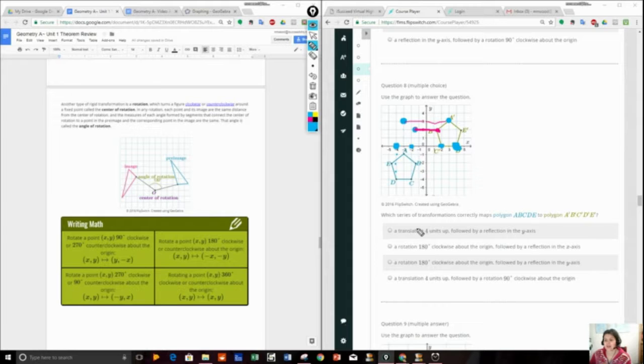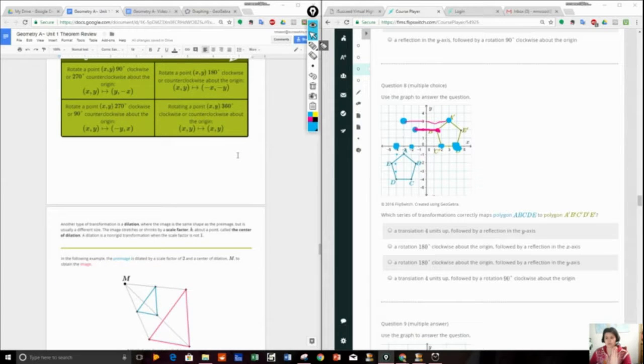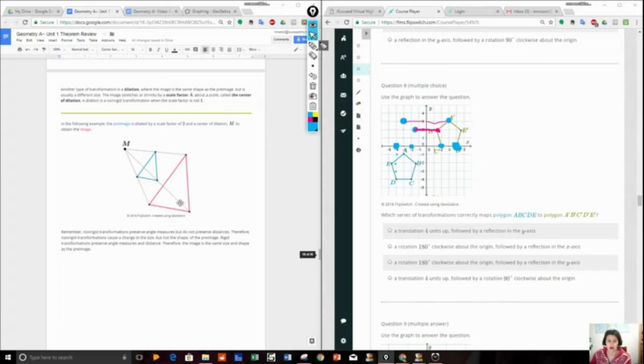If the transformations are rigid transformations, no, you could check 1 point and be finished with it, because rigid transformations preserve the same size, so the same distance and the same shape, so it doesn't change anything. It just basically picks up that image and moves it somewhere else on the coordinate plane. And so right here, I would note this.